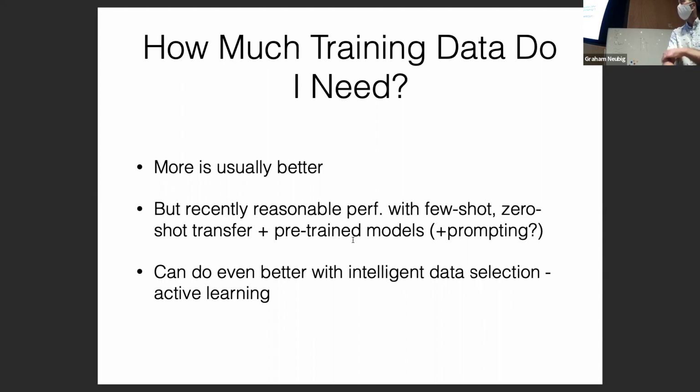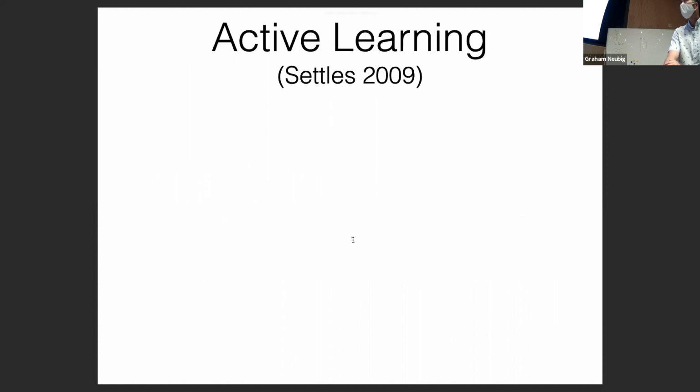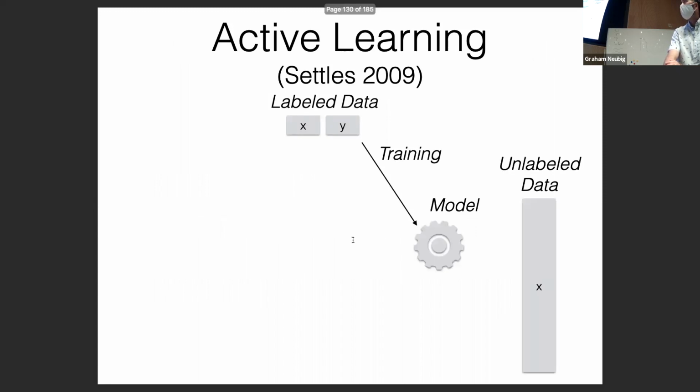Another thing is you can do even better with intelligent data selection methods, such as something we call active learning. Basically, with active learning we have labeled data, maybe a very small amount of it, and we do training, we create a model.